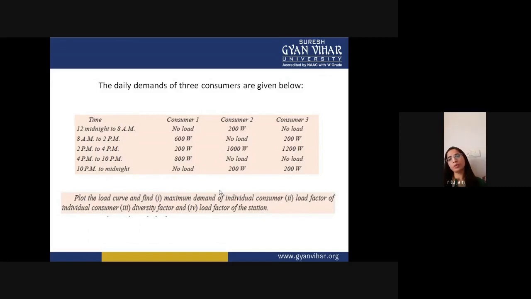From 8 a.m. to 2 p.m., consumer 1 requires a load of 600 watt, consumer 2 doesn't require any load, and consumer 3 requires 200 watt. From 2 p.m. to 4 p.m., consumer 1 requires 200 watt, consumer 2 requires 1000 watt, and consumer 3 requires 1200 watt.